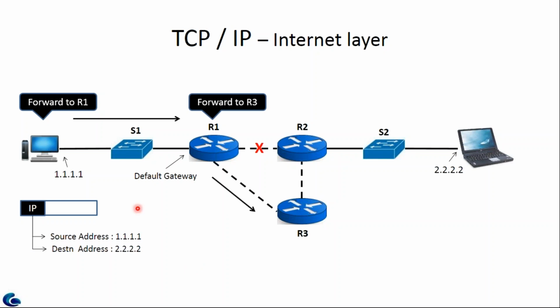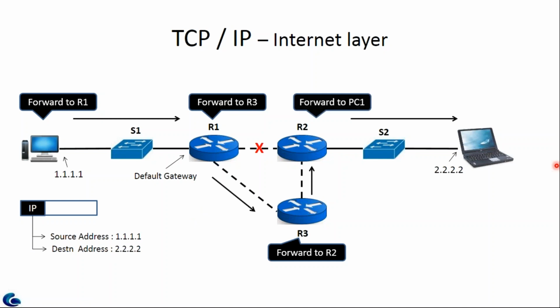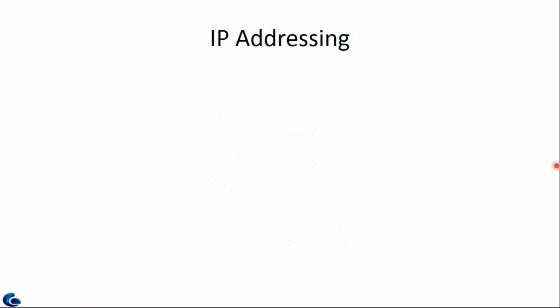And it decided so by reading the destination address. So now R3 takes it and then forwards it to R2, and R2 does the job which it has done earlier. A very simple explanation of the value and the benefit that gets added because of the IP layer. Because each packet contains these particular addresses, no matter what path it takes, it reaches the destination, right?